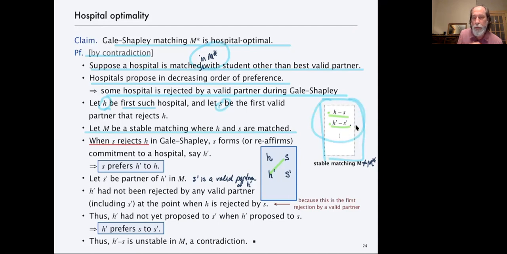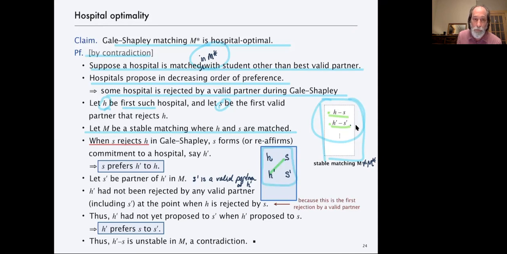Either H proposes to S, but S is already matched with some H prime and prefers H prime, so rejects H. Or H and S are already matched, but then H prime comes along and makes a proposal to S, and S prefers H prime, so rejects H. We don't know which of those two happens, but right after that happens, we have something like this picture: S and H prime are matched, because S has just rejected H in favor of H prime.